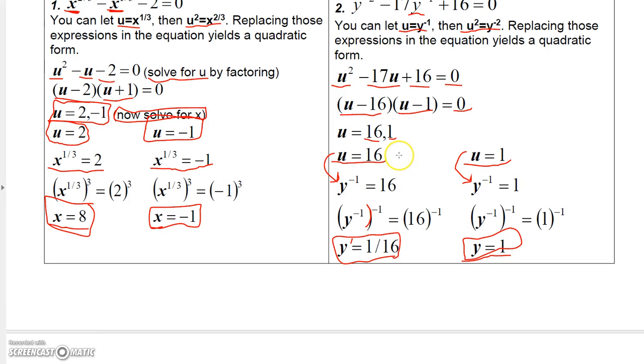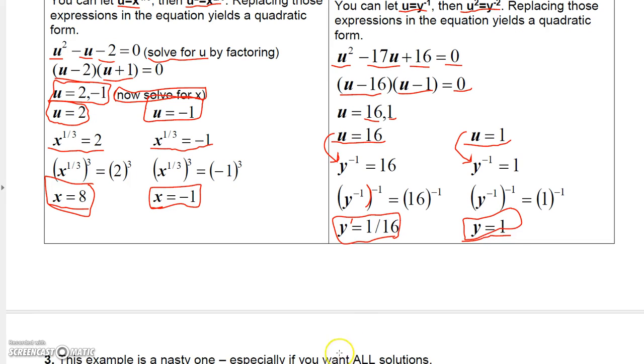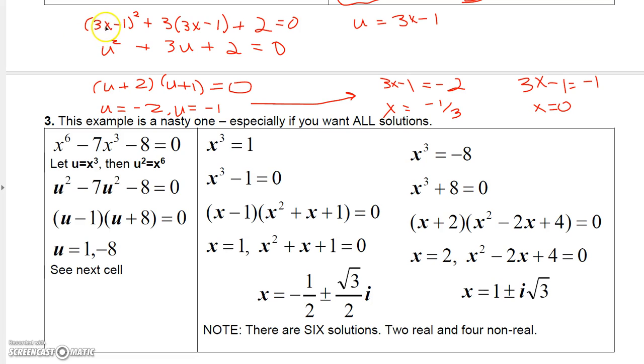So there's different things that you could do. I mean, you might even see something like this. Let me pause the video and let me show you. Okay, I just threw this one in. Suppose you had a binomial 3x minus 1 quantity squared plus 3 times the quantity 3x minus 1 plus 2 equals 0.